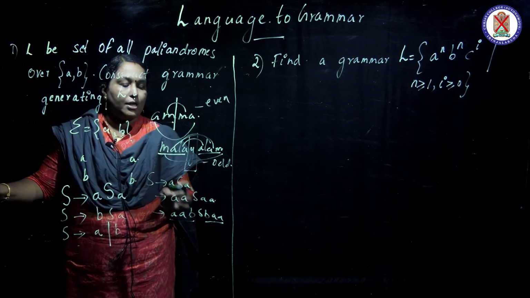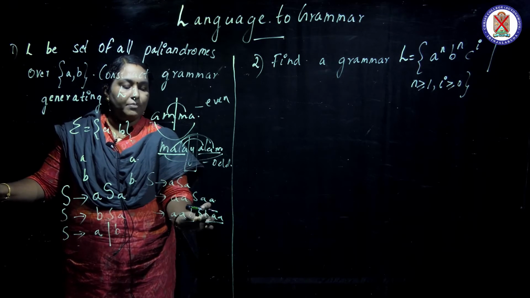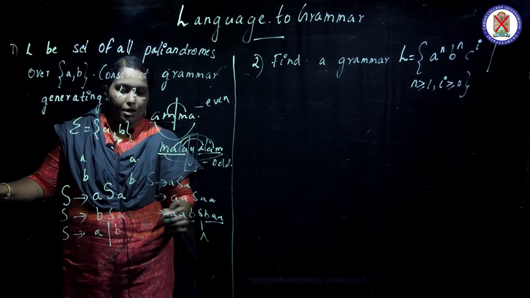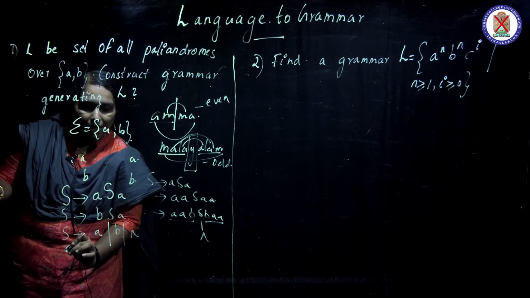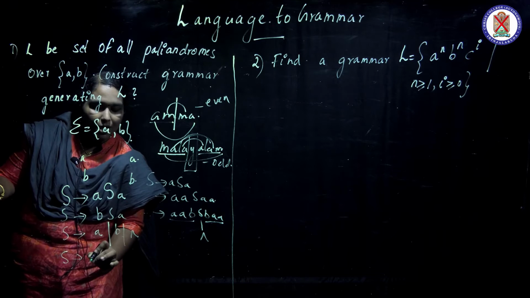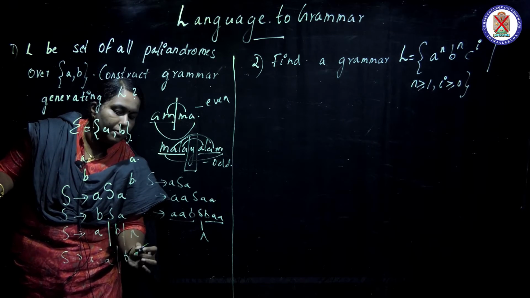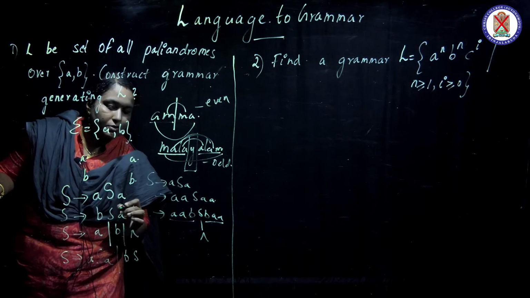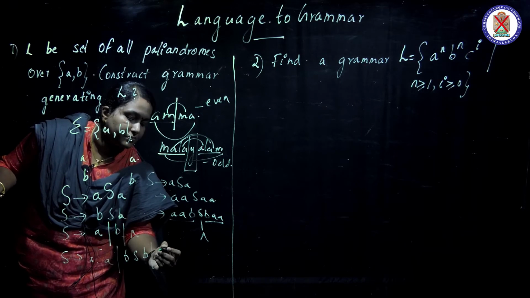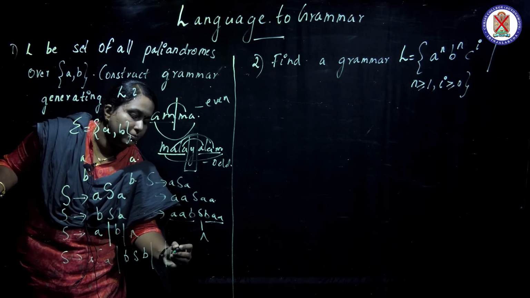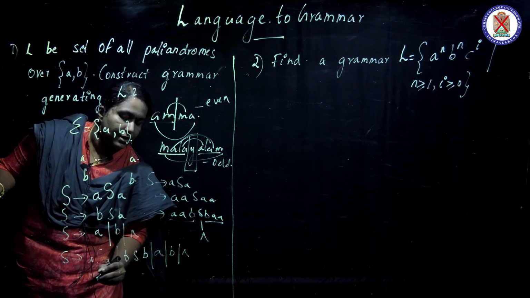In the even length palindrome, there will be no symbol in the middle, so it can be null. We can write it in a simplified way: S gives a S a, or b S b, or a, or b, or null. So this is the grammar.